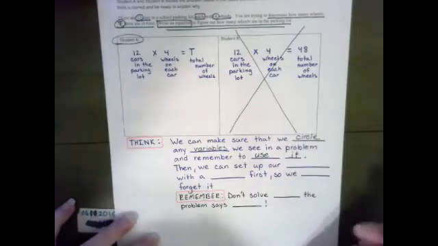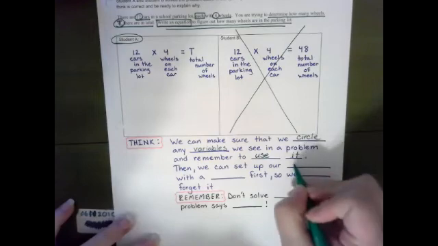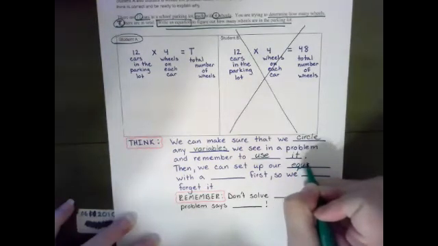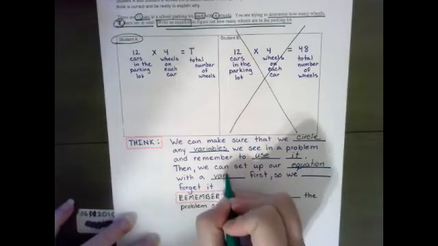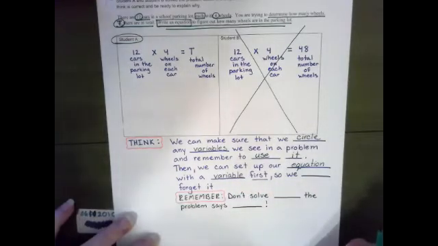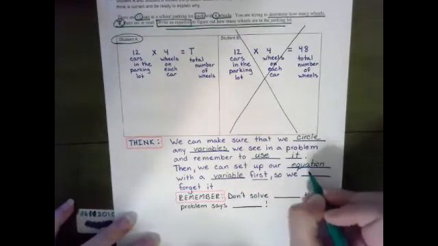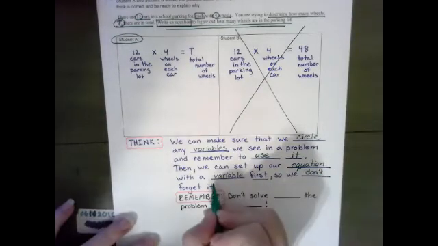That means we use that variable in our equation. Then we can set up our equation with a variable first, so we don't forget it.